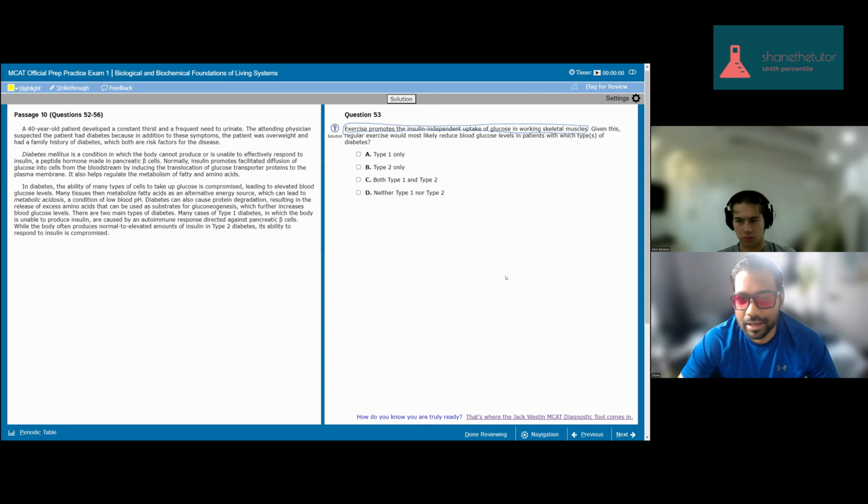So we're basically saying that exercise helps glucose uptake whether you have insulin or not. If you don't have insulin, you'll have that uptake. If you do have insulin, you'll still have that uptake because the insulin doesn't matter. Okay. Yeah.